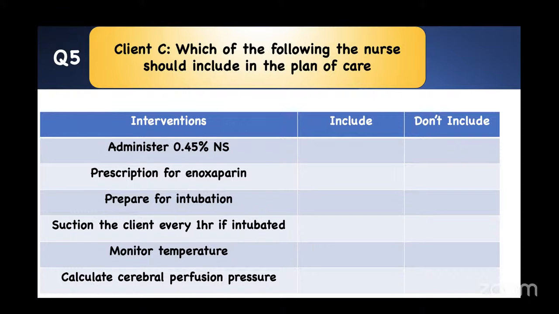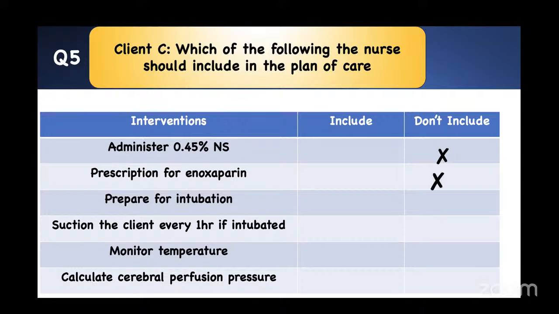In the management of ICP, we want to decrease edema of the brain, giving them 0.45%. This is fluid and electrolyte. I've done a bunch of series on fluid and electrolyte. You should watch it. This will help you realize that head injury patients should never get hypotonic solution. Therefore, we should not include. Head injury patient who is bleeding should get sequential compression device, not enoxaparin.